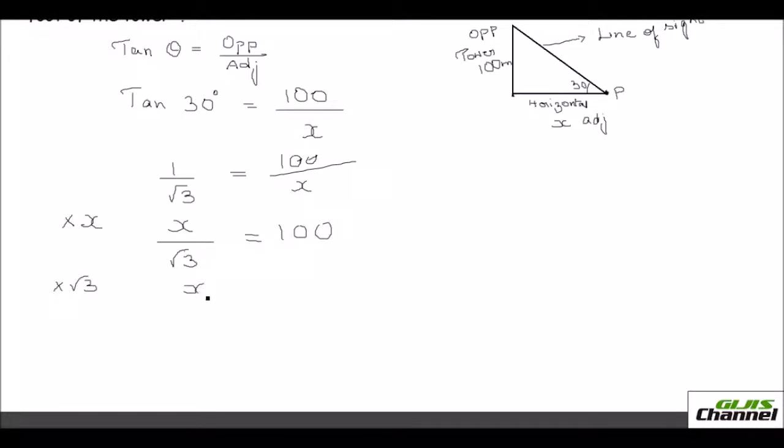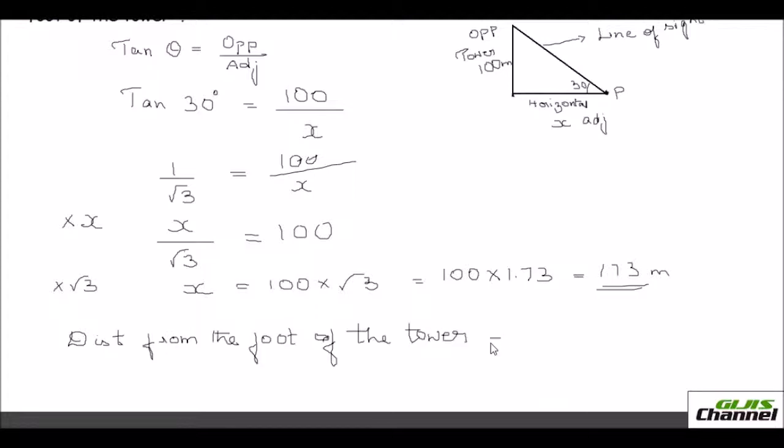Your root 3 gets cancelled from your left side, and on the right you get 100 times root 3. So we know that root 3 is 1.73. So that's 100 times 1.73, that is 173 meters. Write the units. So the distance from the foot of the tower is 173 meters.